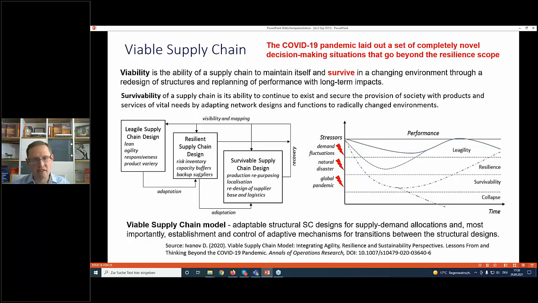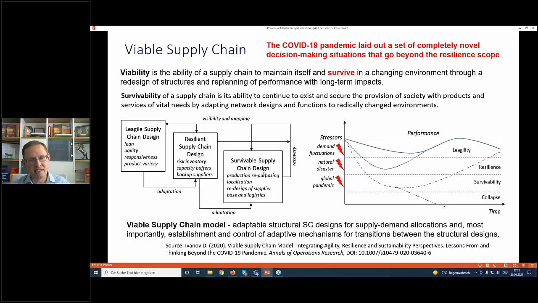Resilient supply chain design is supposed to absorb and recover from disruptions which are considered as singular events, like earthquake, tsunami, fire, strike. Here, classical resilience capabilities like risk inventory, capacity buffers, or backup supplies are used.